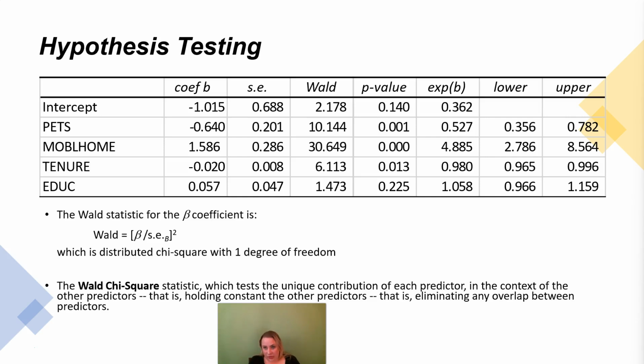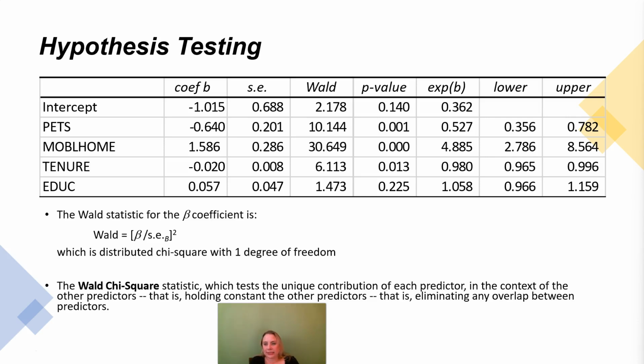So the other thing we can do is get some output here on the significance of our predictors. Here we have the different predictors for the model, and you can see that there's not a t-test similar to what we have with ordinary least squares regression. But what we do have is the Wald chi-squared test that looks at the unique contribution of each predictor in the context of our other predictors.